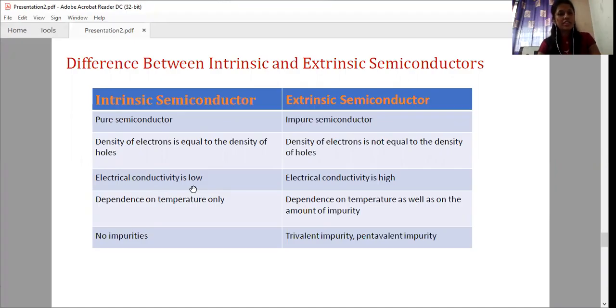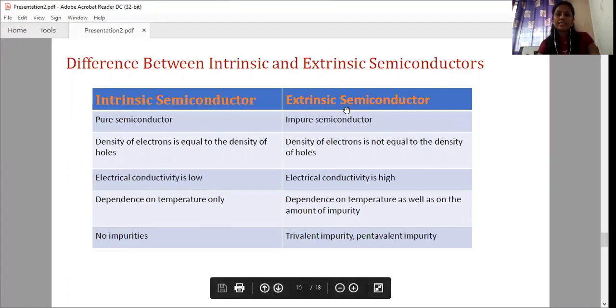For that reason, it is not useful for practical purposes. But extrinsic semiconductors have high electrical conductivity, so they are very useful for practical purposes.